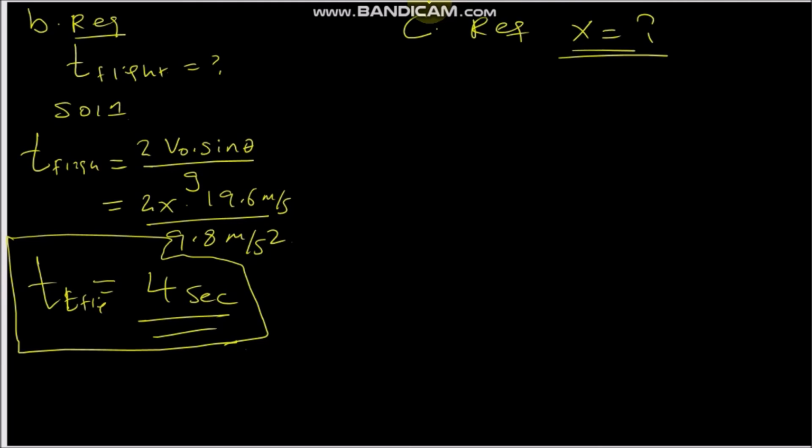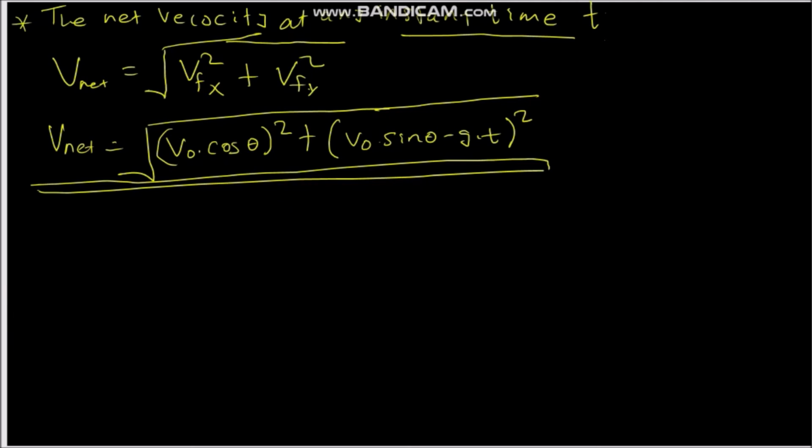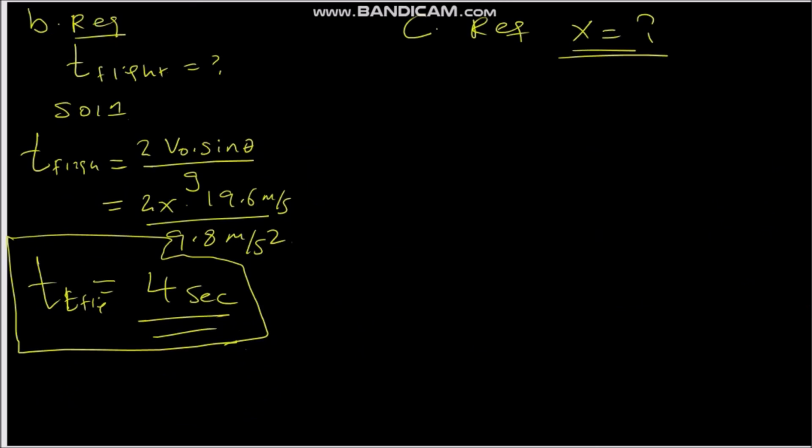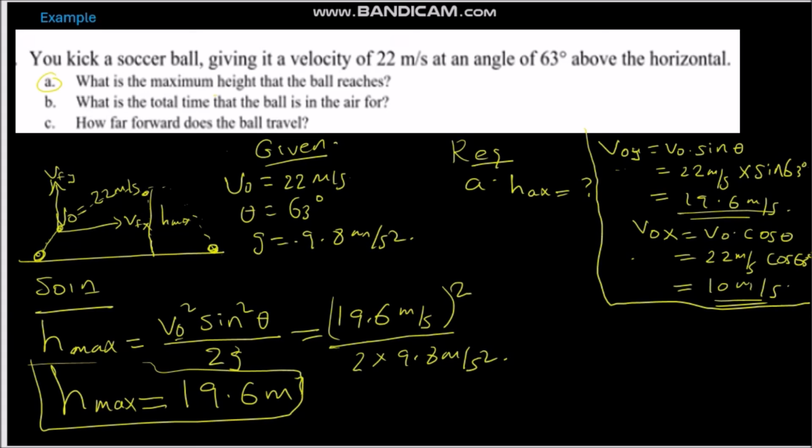In our case, we already calculated the velocity along the horizontal, which is v naught x equal to v naught times cos theta, which is equal to 10 meters per second.